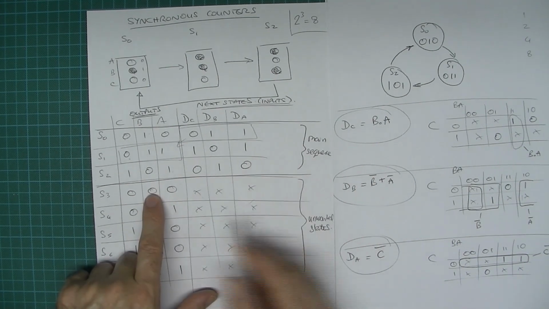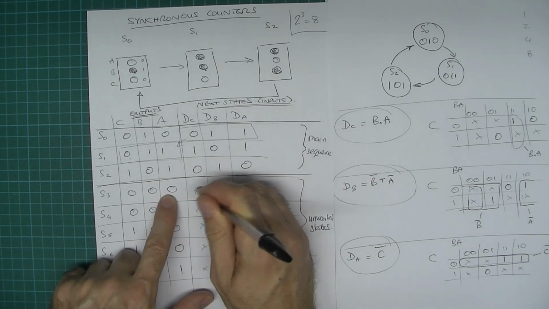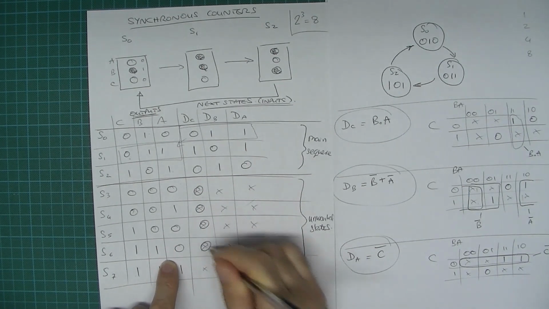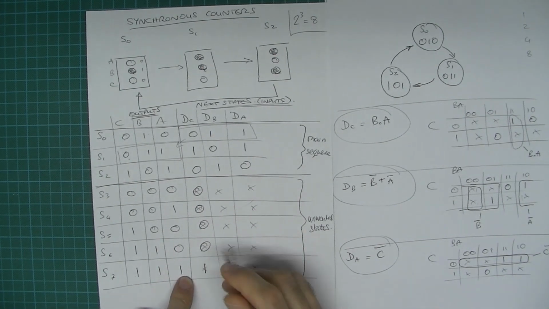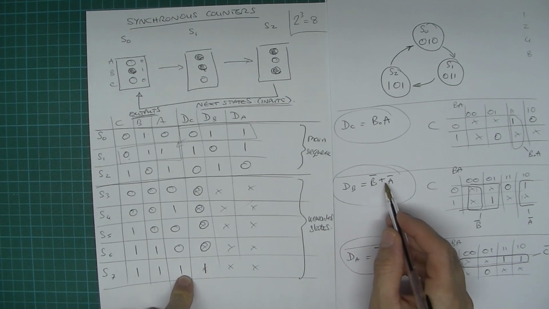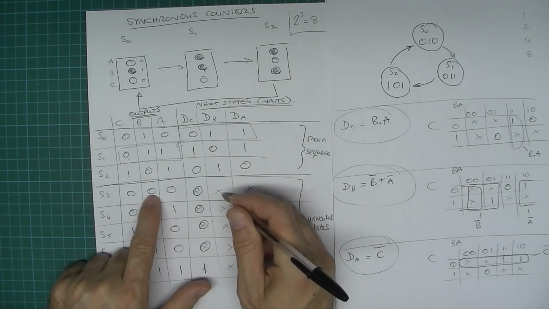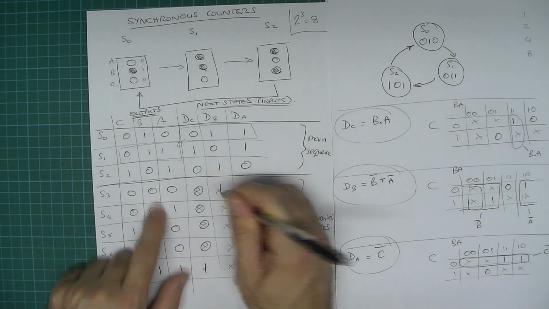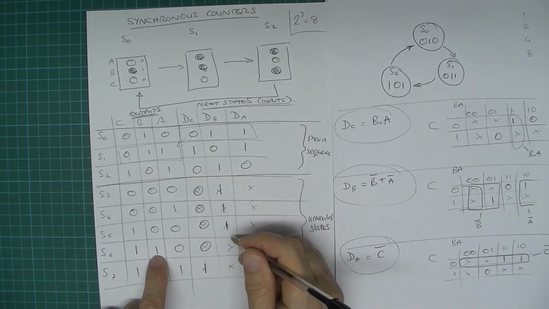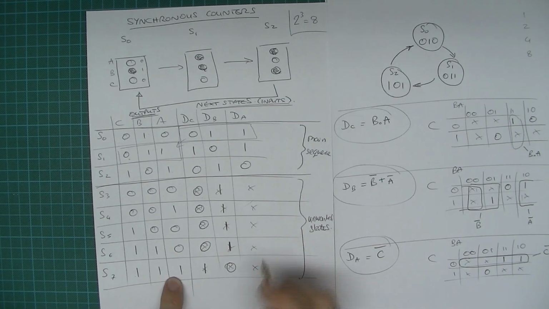So B and A, no, no, no, but that is true, okay. And then we've got not B or not A, so that's for DB. So not B, well not 0 is 1, that's 1, that's 1. And not A, that makes it 1, and then that makes it 0.